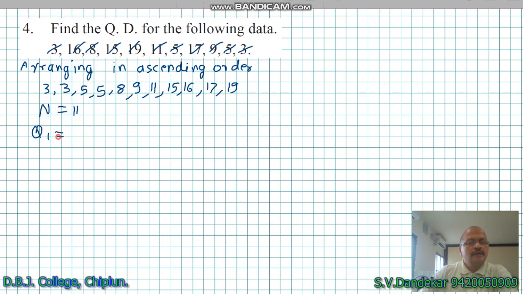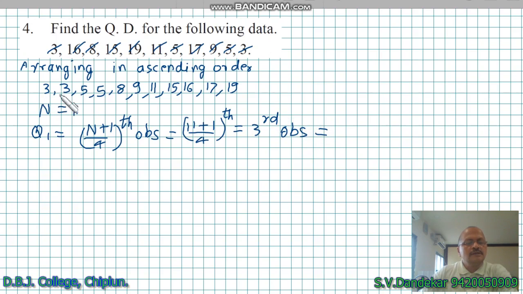Q1 is the n plus 1 upon 4th observation, that is 11 plus 1 upon 4th, that is third observation, and third observation in the sequence is 5. So Q1 is 5.